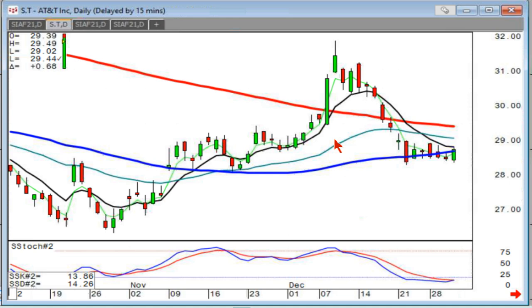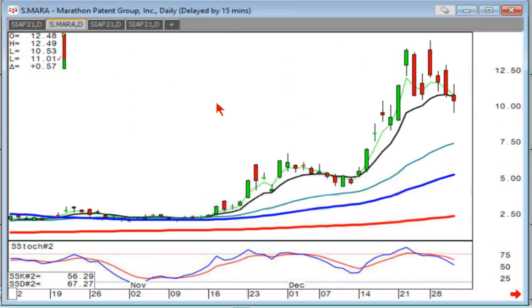AT&T, Matthew, that's probably one of the most boringest traders in the markets. I mean, it's basing. If it moves, it's still not going to be a very significant price move, and it takes a while. Obviously, being the quintessential institutional trader.